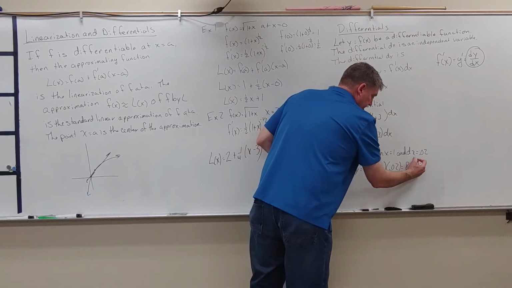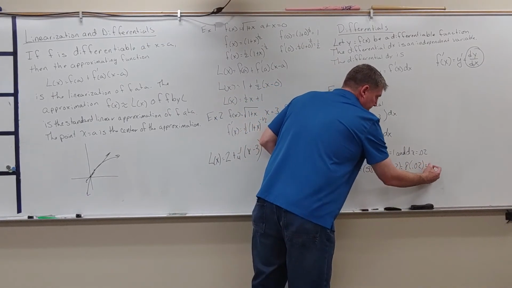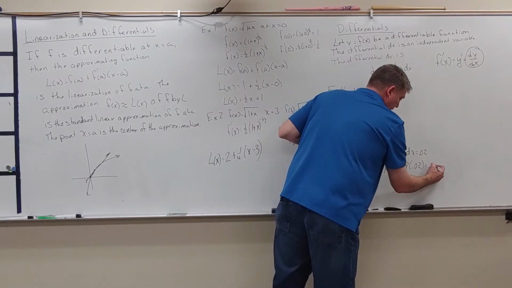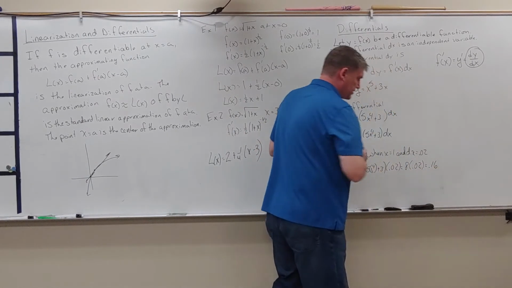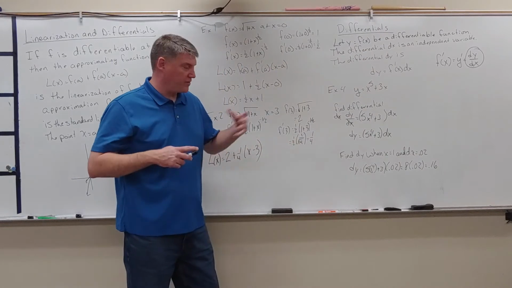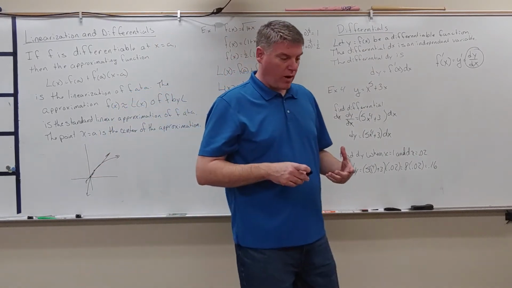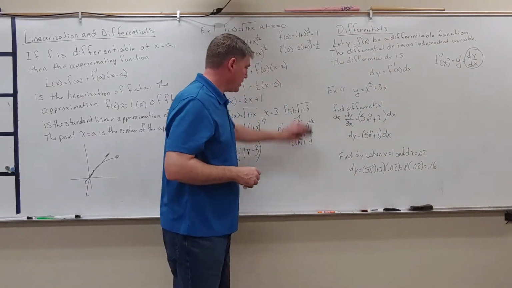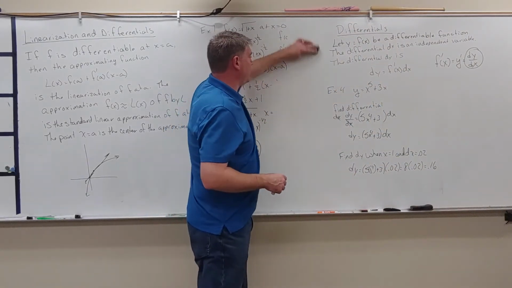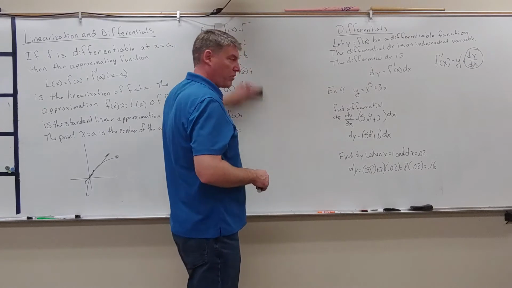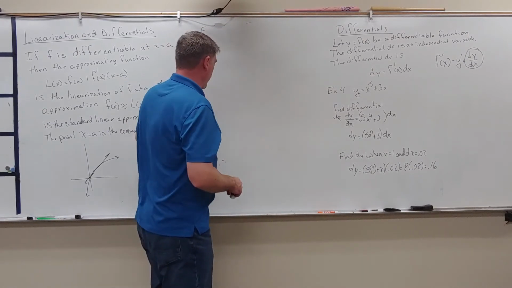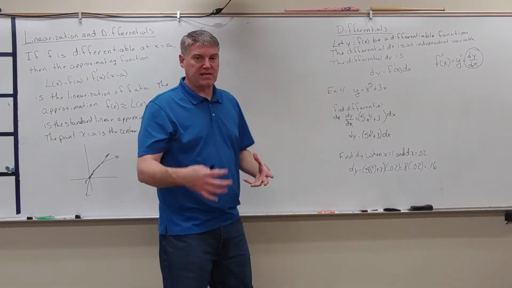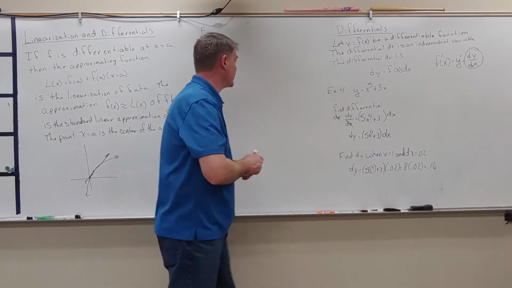So this gives me 8 times 0.02, which gives me 0.16. And so there's my dy. Okay? So when you're looking at these, just remember that you're going to take the derivative of both sides, and leave the derivative as dy dx and then solve for dy.